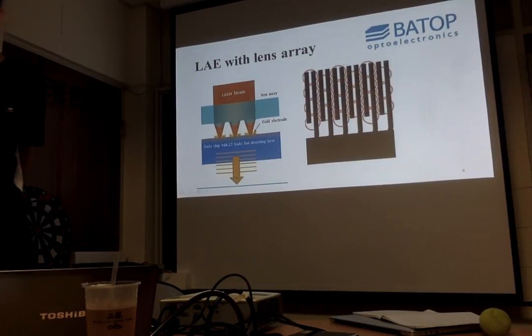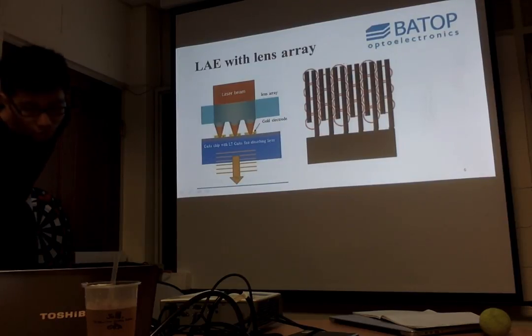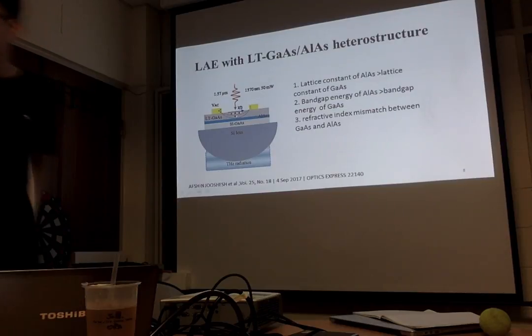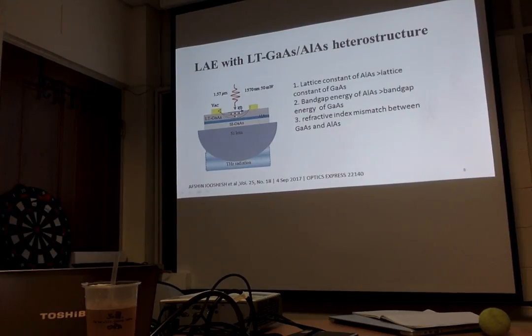Yes, please turn to the page of the heterostructure. It seems that there are two kinds of gallium arsenide in the structure. What is the difference between these two kinds of gallium arsenide, and why do you use two different types of gallium arsenide?